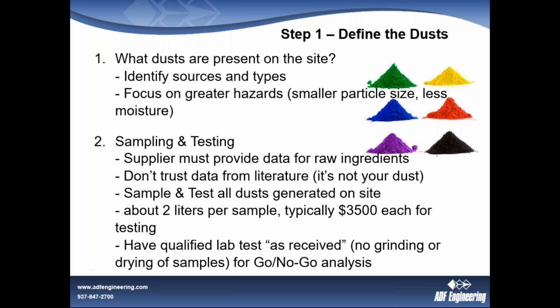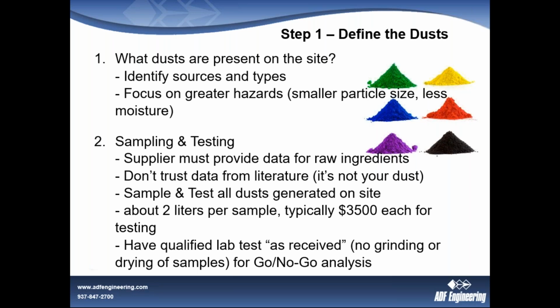The other thing to keep in mind is you don't necessarily want to trust data straight out of literature, off the internet, because you're betting that someone else's dust is going to behave exactly like the dust you generate on your site. If you're bringing it in as a raw material and it's a common thing like soybeans and corn, in that case, literature data is probably fine.